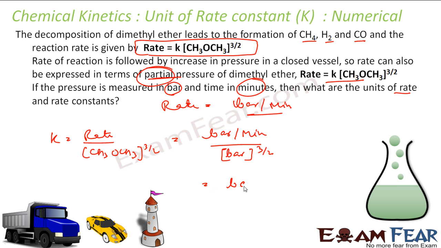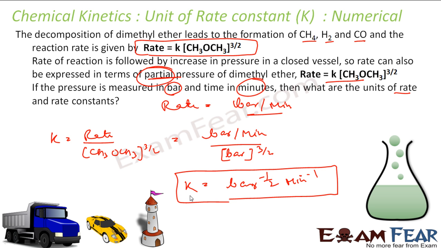So if you solve this, it's nothing but bar to the power minus 1 by 2, minute to the power minus 1, and that is the unit of K. Pretty easy. See, now this concentration is measured in terms of partial pressure, and partial pressure is measured in terms of bar.